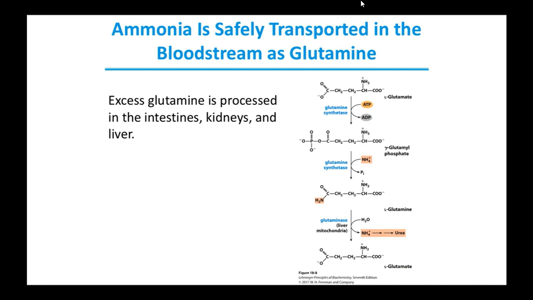This takes an ATP to drive it forward. That can then be transported on to the liver, and in the liver you can regenerate the glutamate using glutaminase. So this is a common transport mechanism to get ammonia from one place to another without it being in the form of ammonia.